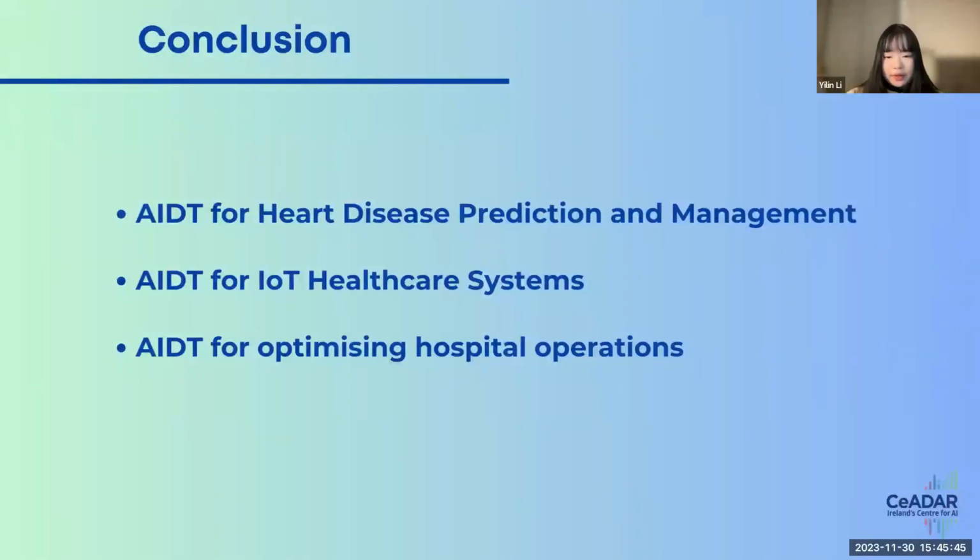So these three use cases each highlight the impact of AIDT in healthcare, and we stand on the new area of healthcare delivery, one in which technology not only supports but enhances human decision making to improve patient outcomes.